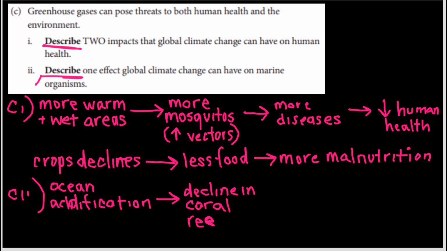Okay. Then you can say this decline in coral reefs could cause a loss of habitat. You could say the decline in coral reefs causes a loss of spawning locations for fish, or corals for that matter.